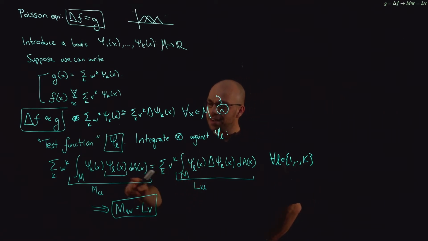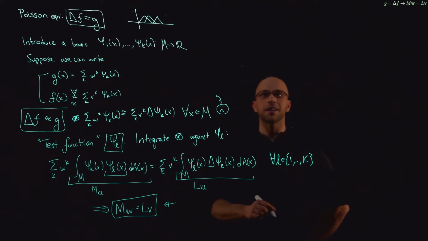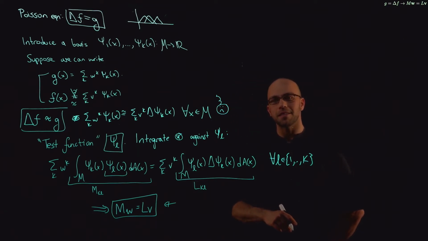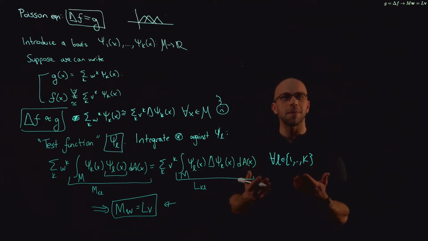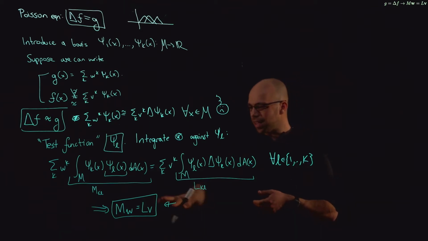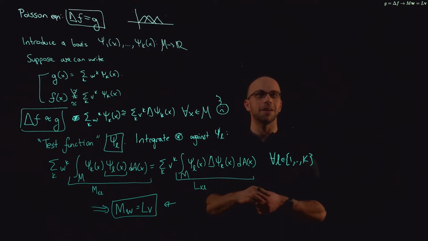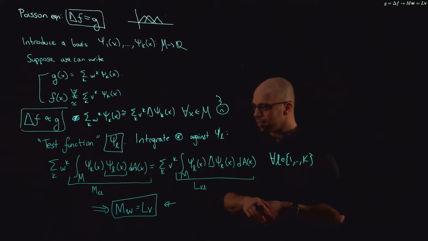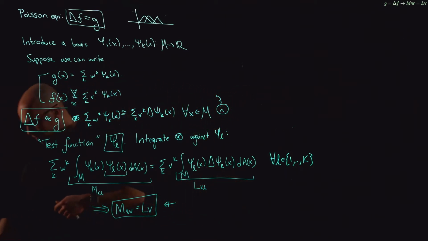And what I get, after a bit of simplification, is a finitely sized, in fact square, linear system of equations that I can solve for V. So that's our basic story, and essentially we're going to spend all of today's lecture filling in the details, like what the elements of M and L are for a really nicely chosen basis that's quite popular in practice. Okay, so let's erase and then look at this in a nicer form on a slide here.